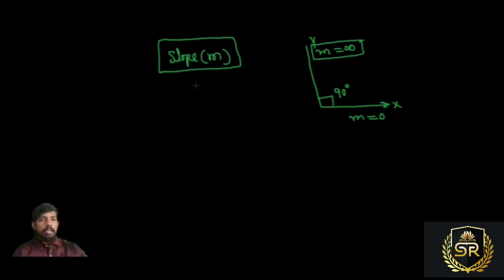Now, let us consider when 2 points are given. Here this is a point x1 comma y1, and this point is x2 comma y2. If I join these 2 points, what is the slope of AB?